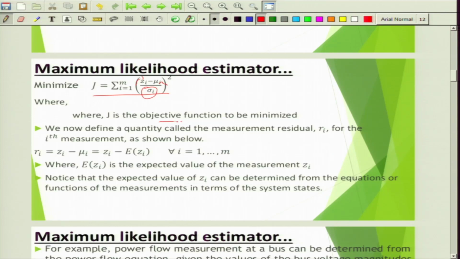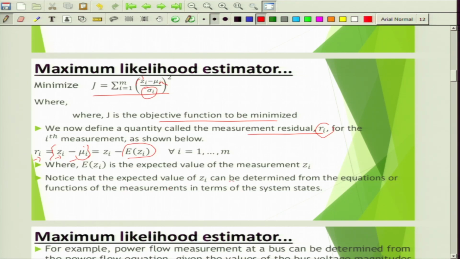So where J is the objective function to be minimized, we now define a quantity called the measurement residual Ri for the ith measurement as shown below. This is the residual value for this Z measurement at the ith sample. So that is nothing but the difference. This is the actual measurement, this is the average. The average is nothing but the expectation of Z, where E[Zi] is the expected value of the measurement Zi, right.